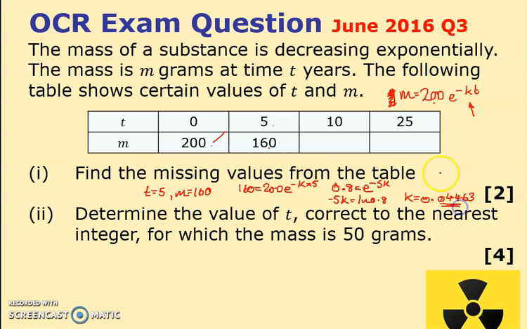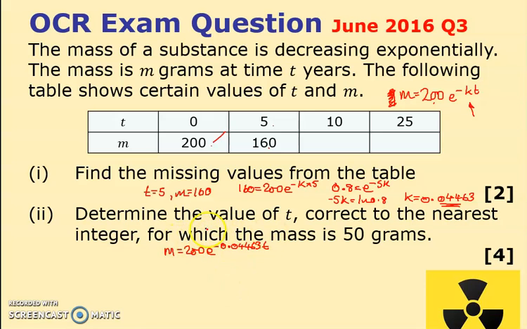I'm going to write that down. That's not very nice. But what it allows me now is to write my equation as m equals 200 e to the minus 0.04463t. I've got an equation.